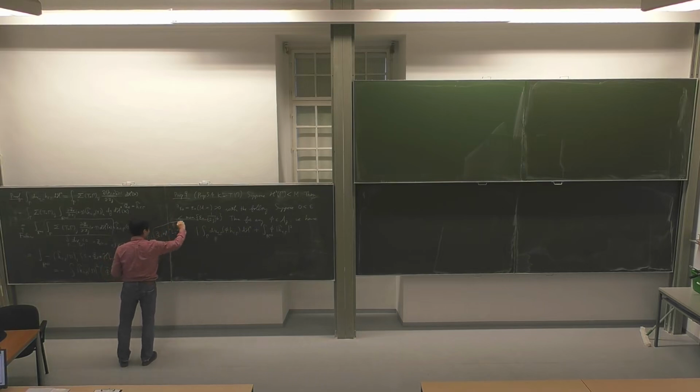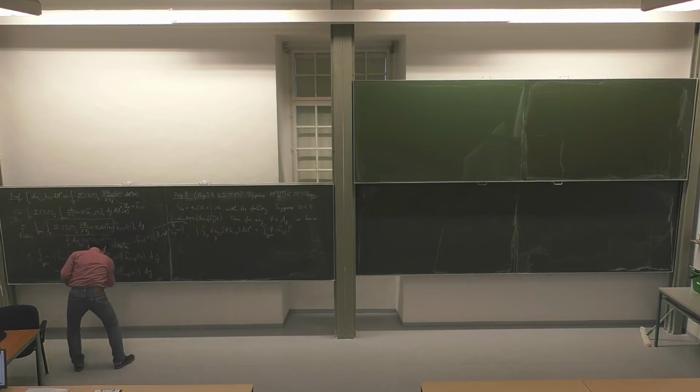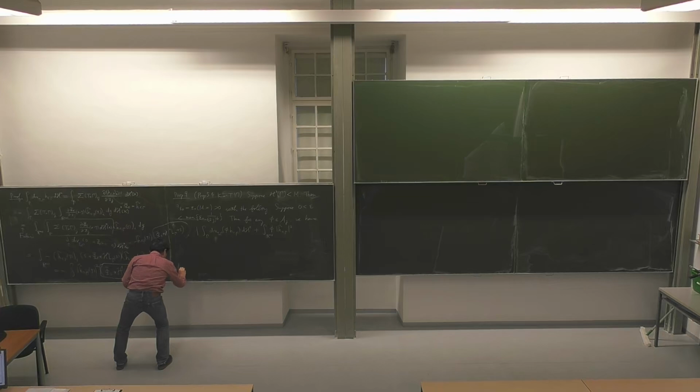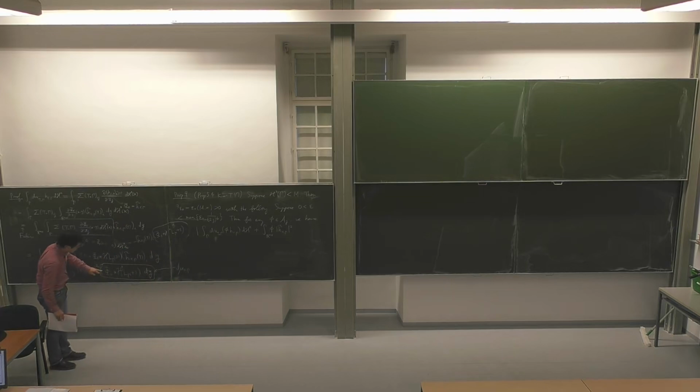Let me write this part as dμ_ε^γ, just for simplicity, because it's really like an n-dimensional Gaussian measure, an approximation.